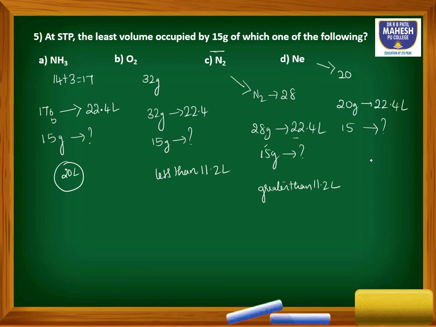So here I can say that nearly 15 point something liters is the volume occupied. So in all four cases, when I compare, it is the oxygen that is going to occupy the lowest volume, hence that is going to be the answer. So by using simple logic, we solved it. See, in this case, we need not calculate accurately.